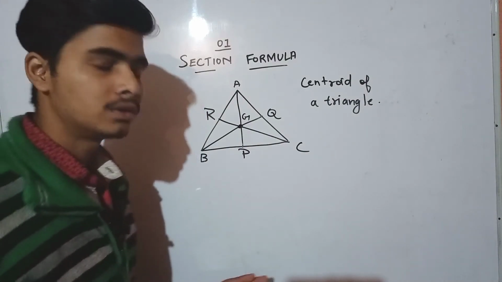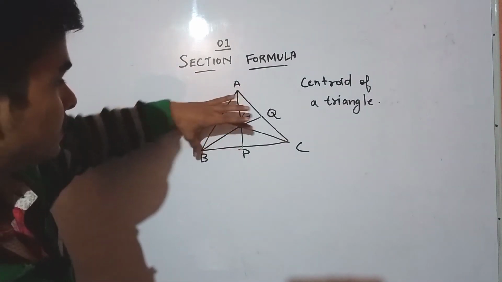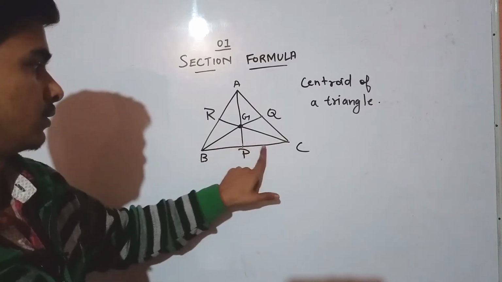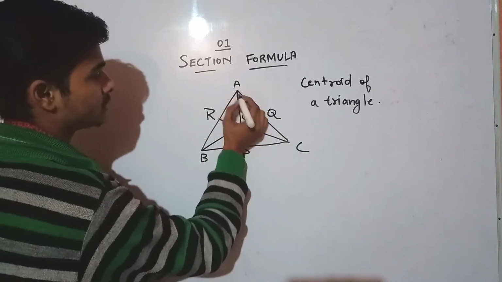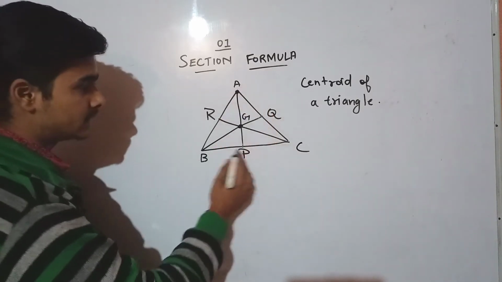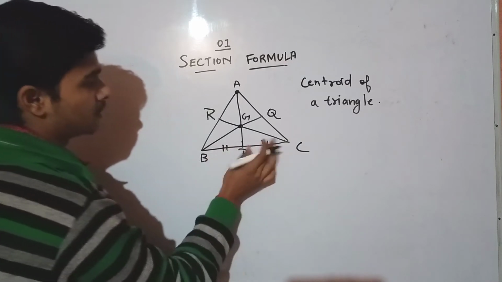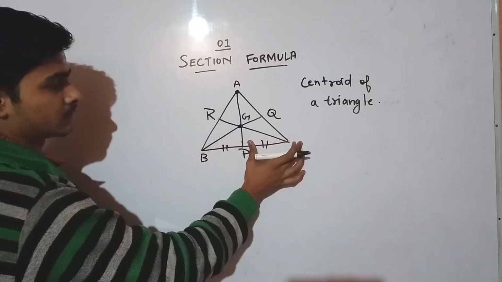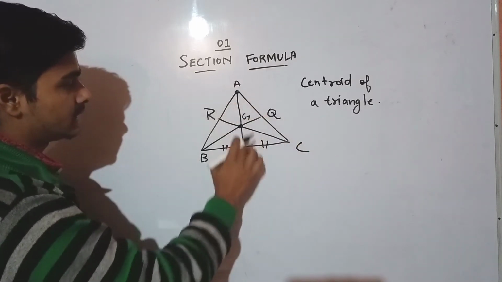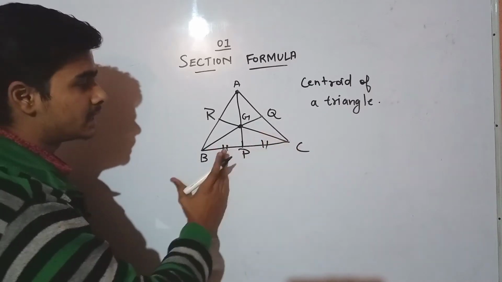Now what is a median? A median is nothing but a line which divides this line into two parts. It means a line which originates from the vertex of any point and comes to the opposite side. And not only that, it divides this whole line into two parts. Suppose this line is 10 centimeters, then this line came and intersected here and divided this whole line into two parts.